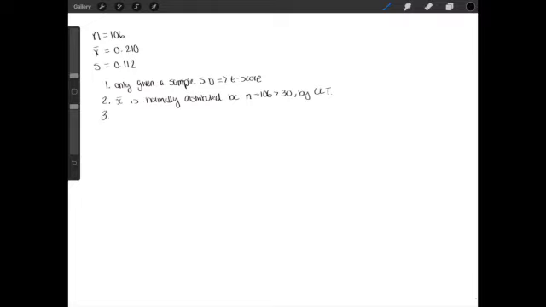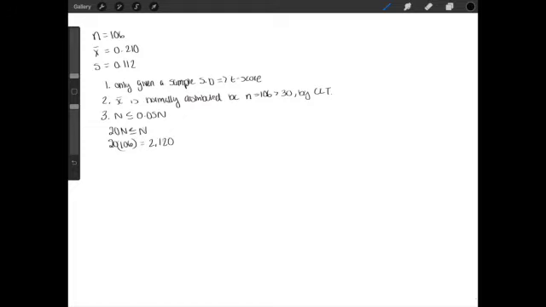Next, the sample size has to be less than 5% of the population. I'm going to check that by seeing if n is less than or equal to 0.05 times N, and I'm going to assume the population is 20 times the sample size, so 20n. I plug in my sample size, 106, and this gives us 2,120.